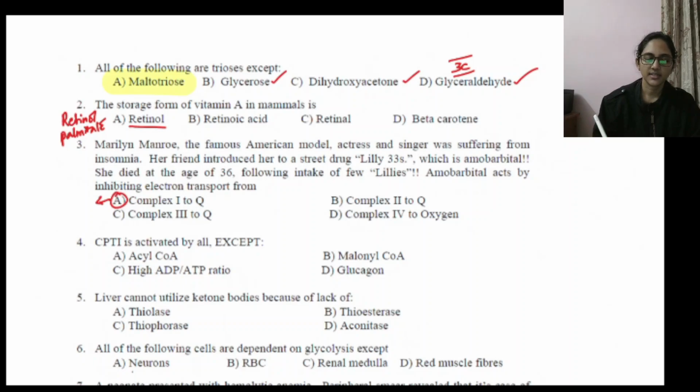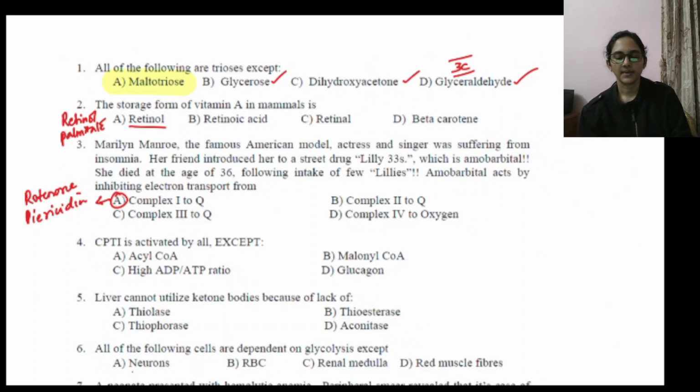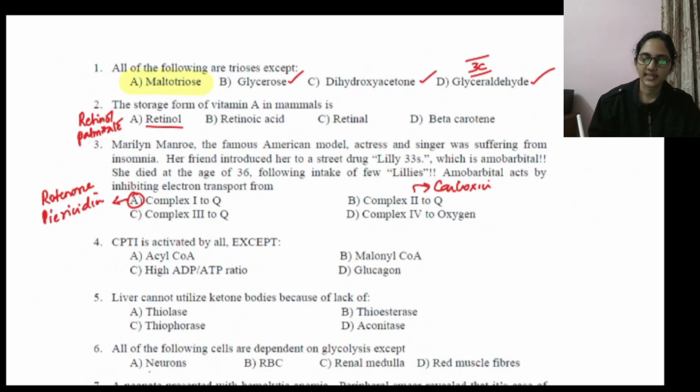What are the other inhibitors? Can you tell me? Rotenone, piericidin A. These are other inhibitors of complex 1. Complex 2 inhibitors are carboxin. Complex 3 inhibitors are BAL and also antimycin A. And complex 4 inhibitors will be your cyanide, carbon monoxide and hydrogen sulfide.